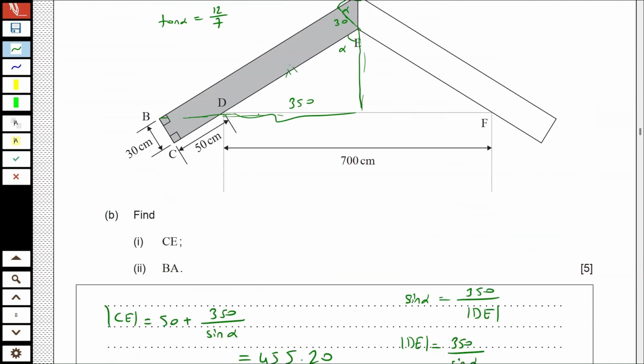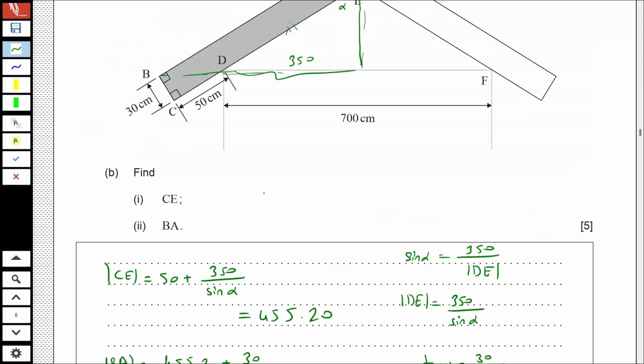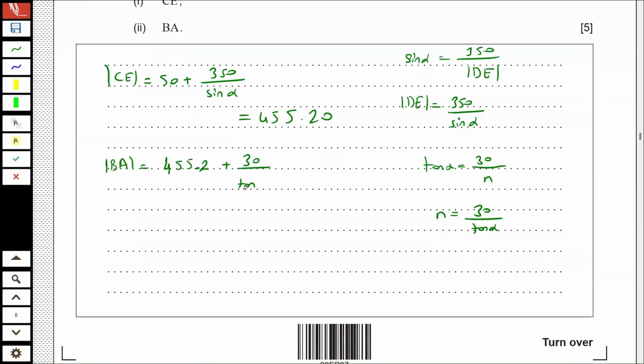To find BA, we're going to use CE, which is approximately 455.2, plus 30 divided by tangent alpha, which is 12 over 7.